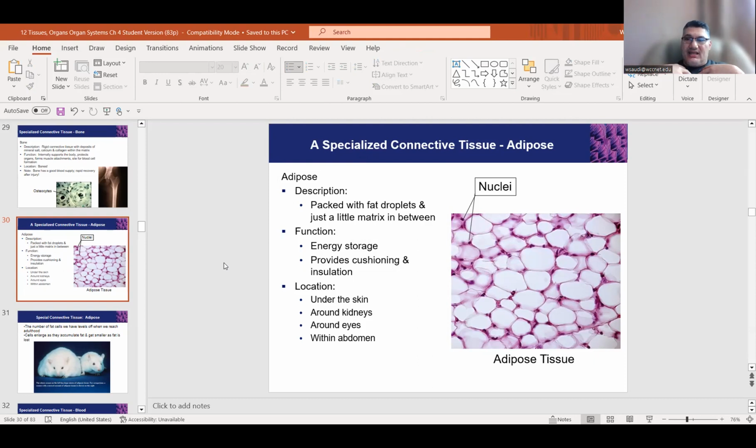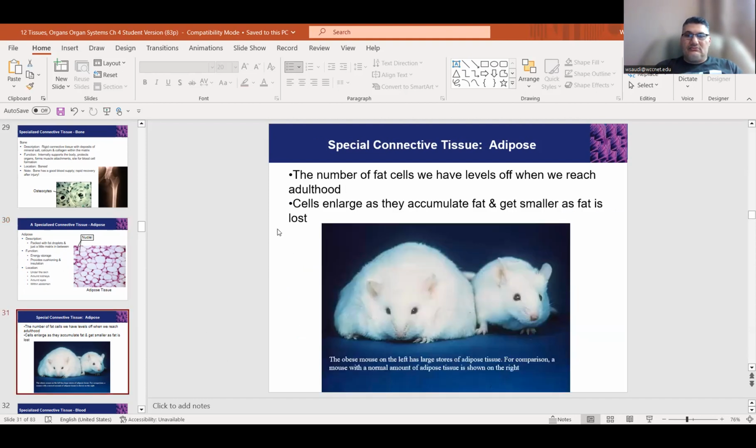If you are skinny, you will feel the cold more because you're not insulated enough and you cannot keep your heat. This is what insulation means. So bottom line, insulation, cushion around the organs, storing extra nutrients, storing energy. If you're starving, you can start taking from your fat. So this is what it means.